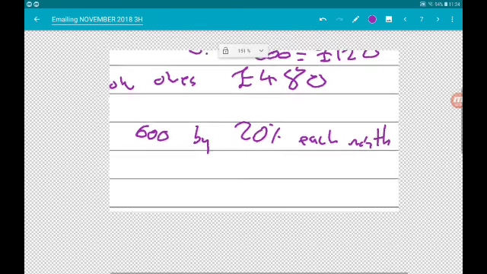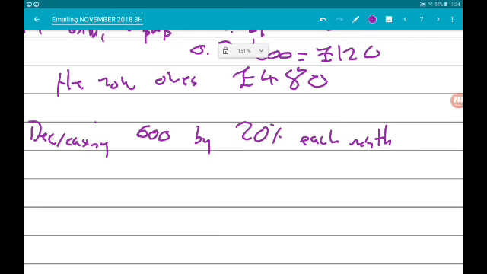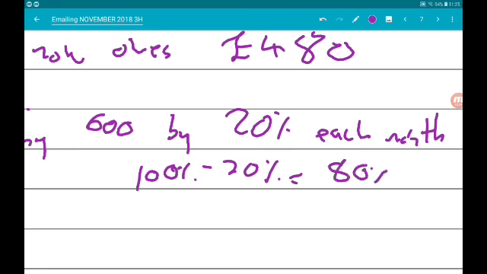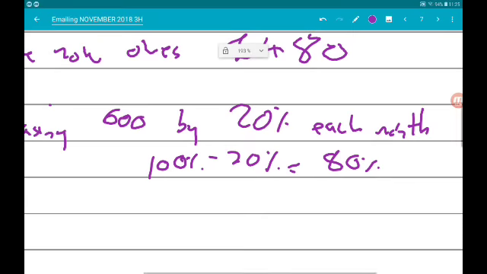So, if we are decreasing by 20%, what we are doing is 100% minus 20% is 80%. So, think about it in terms of compound interest. That's sort of what we're doing, except instead of increasing, we are decreasing.